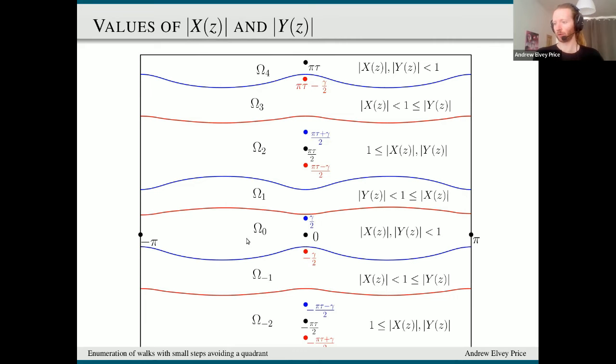So it splits into infinitely many strips, where here omega 0 is the strip where x of z and y of z are both less than 1. Omega 1 is a strip where y of z is less than 1 and x of z is greater than 1, and so on. And these strips will repeat every 4 times you go up, because x of z and y of z have pi tau as a period.